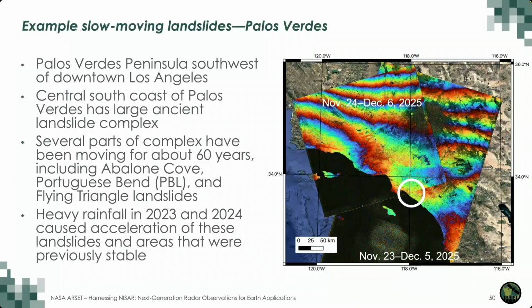At one point, it was moving at the rate of around 5 centimeters per day, even faster than that Slumgullion landslide that I showed earlier. That's in Colorado.